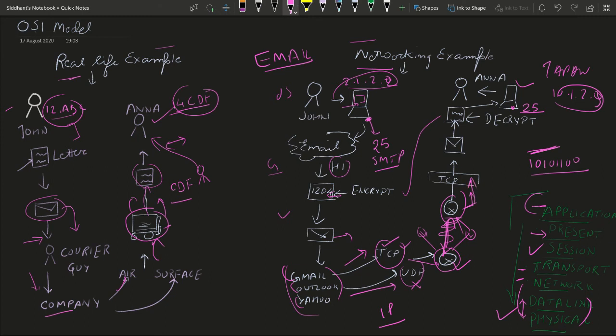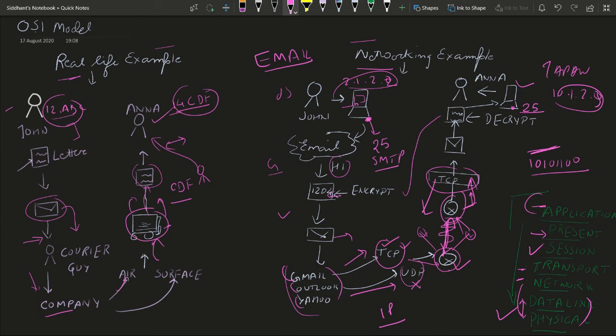It will send it over to the transport layer of the receiver side, the Anna side. In the transport layer here we chose TCP, which is reliable. So it will send an acknowledgement back to the sender that I have received that packet.